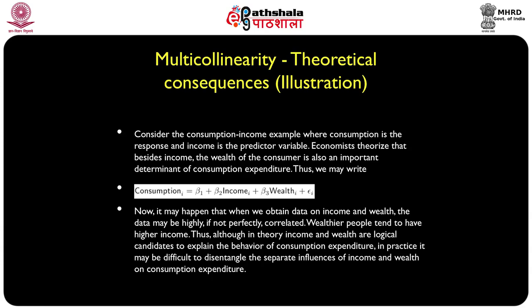Thus, using wealth and income as explanatory variables, we can write the regression model as consumption expenditure equals beta 1 plus beta 2 income plus beta 3 wealth plus epsilon i, where beta 1, beta 2 and beta 3 are the three regression coefficients. Now it may so happen that when we obtain data on income and wealth, the data may be highly, if not perfectly, collinear.